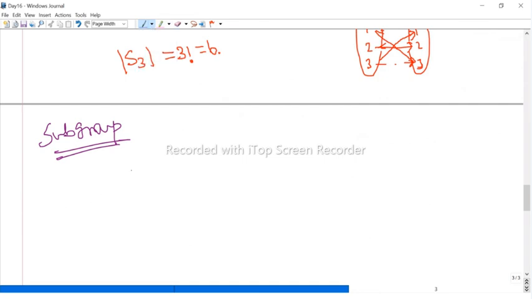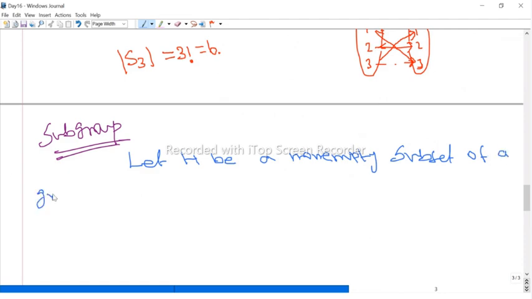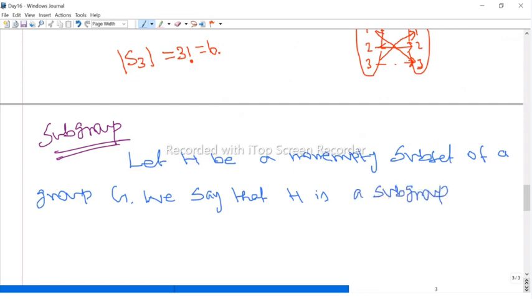Suppose we have a group G and let H be a non-empty subset of G. We say that H is a subgroup of G if H itself is a group.